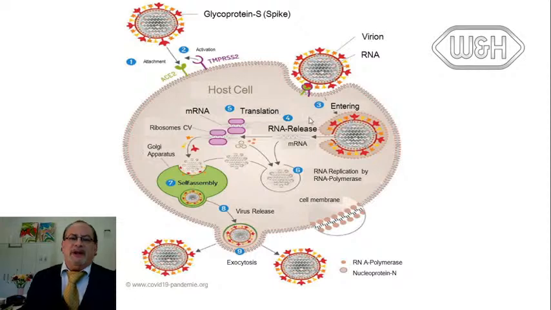After entering, the virus opens up and releases the RNA into the cytosol, which finds its way to the nucleus where it is replicated. Furthermore, the proteins that are needed to reassemble the virus are created at the ribosomes, so that in a self-assembling process in the Golgi apparatus, the virus is assembled. After the assembling, the virus will leave the cell via exocytosis and now can infect further cells.